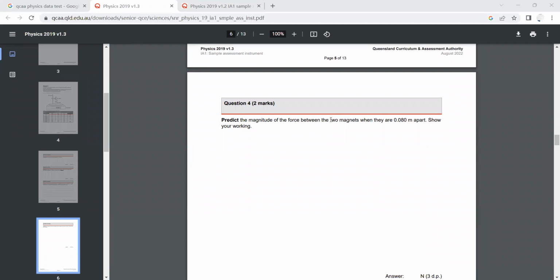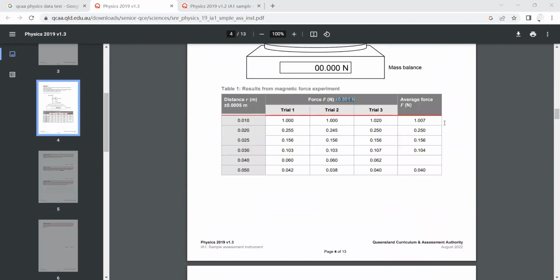Predict the magnitude of force between the two magnets when they are 0.4 meter apart. Show your working. So from the table, we have 0.4 meter apart. Remember when distance doubles, the force will be reduced by 4 times.